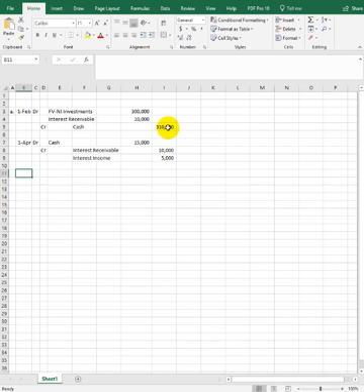On June the 15th, Samsung Inc. bonds were purchased. They're 9% bonds, $200,000 par value. Were purchased at 100, so once again we purchased them at par. And the interest dates are June the 1st and December the 1st. So on June the 15th we purchased them.